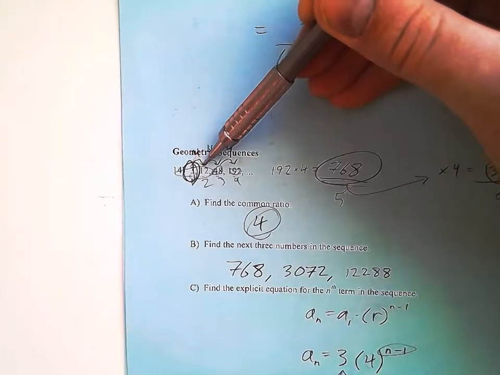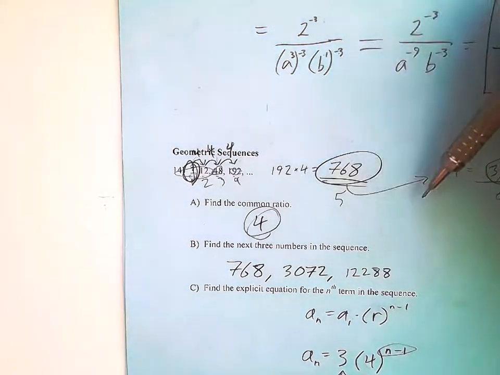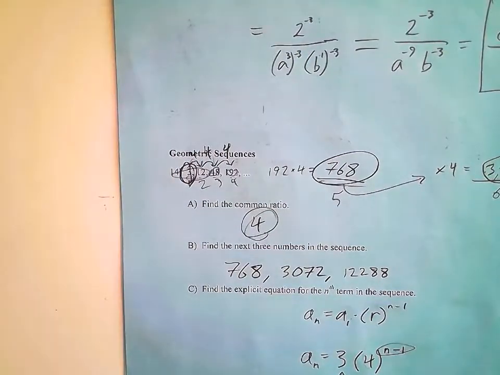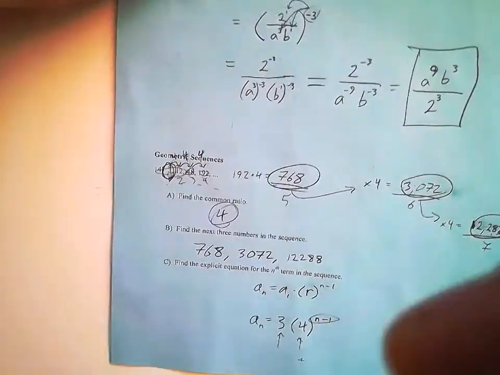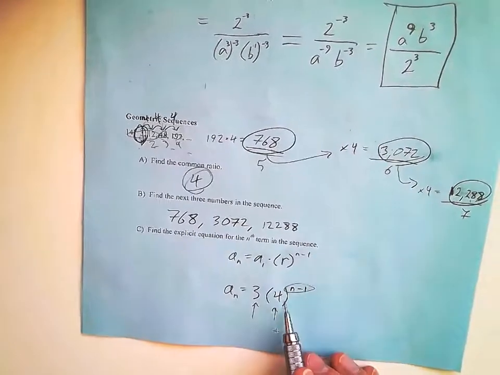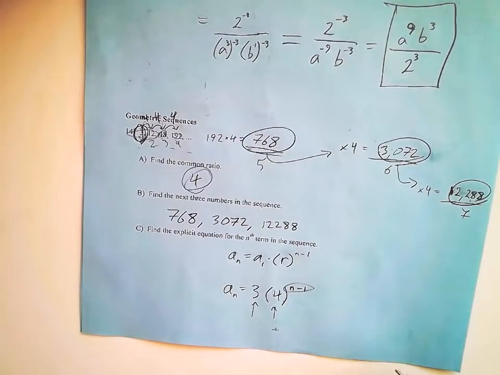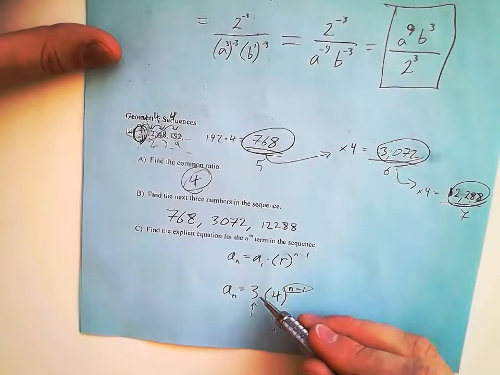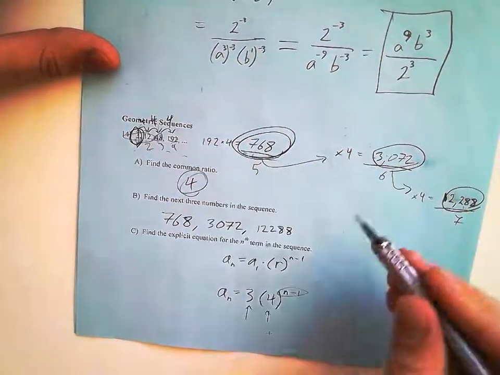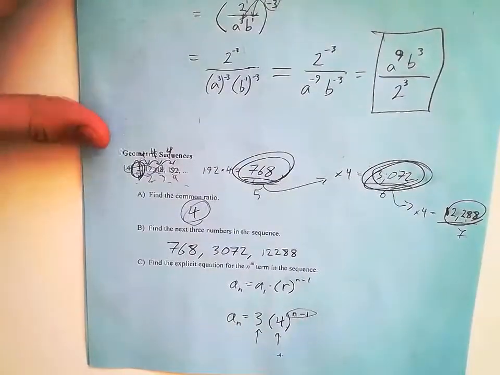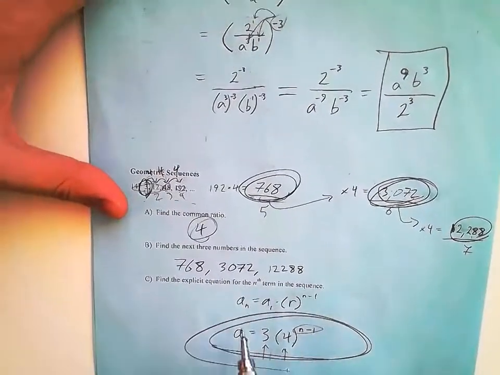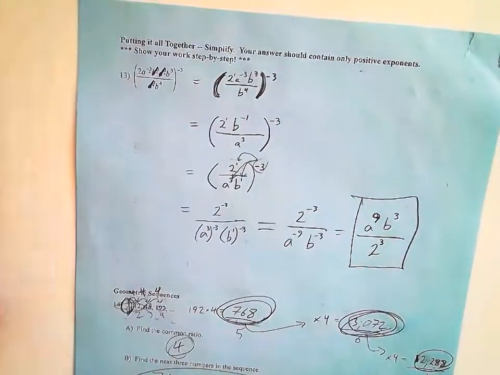So you multiply by 4 one less time than which number in the sequence you're at. So to get the 6th number in the sequence, you only multiply by 4 5 times. So 4 to the 5th times 3 would give you this one. Okay. That's the test.